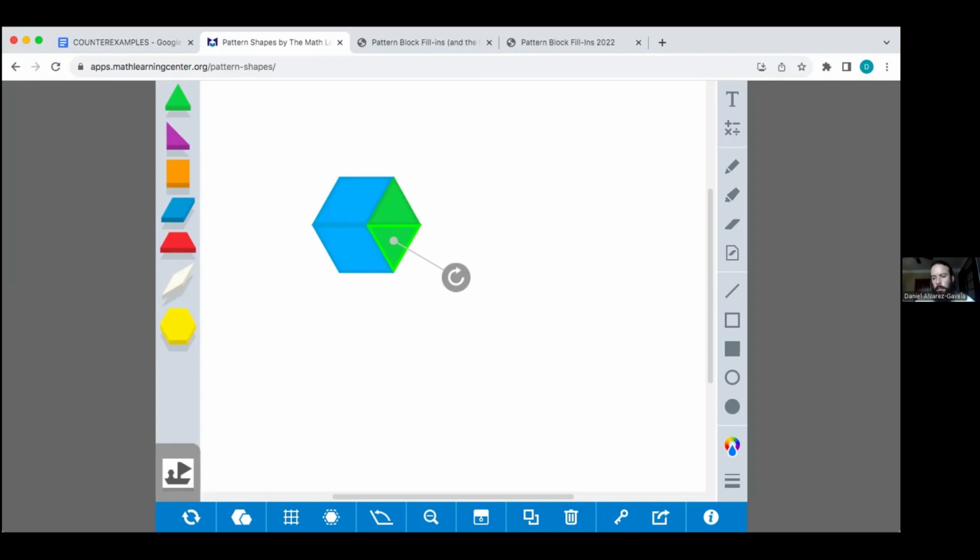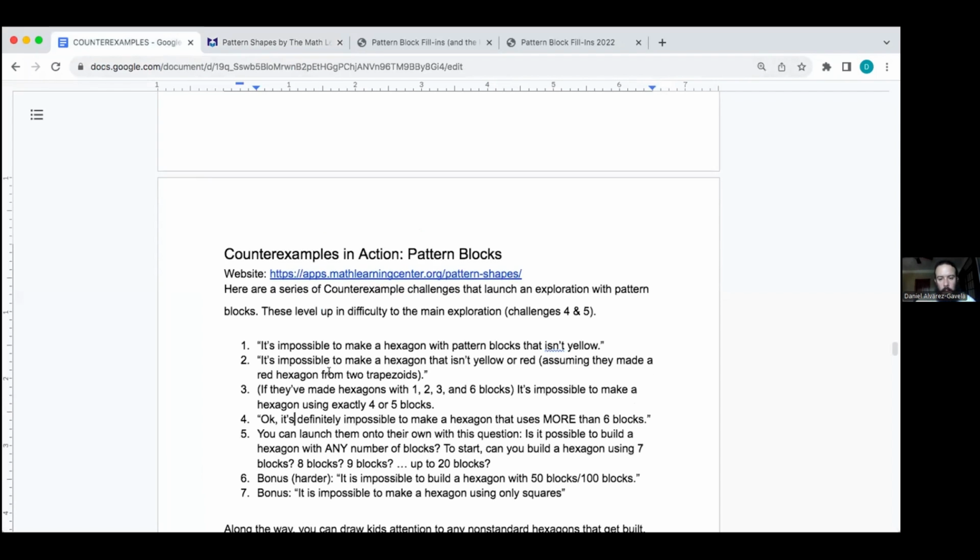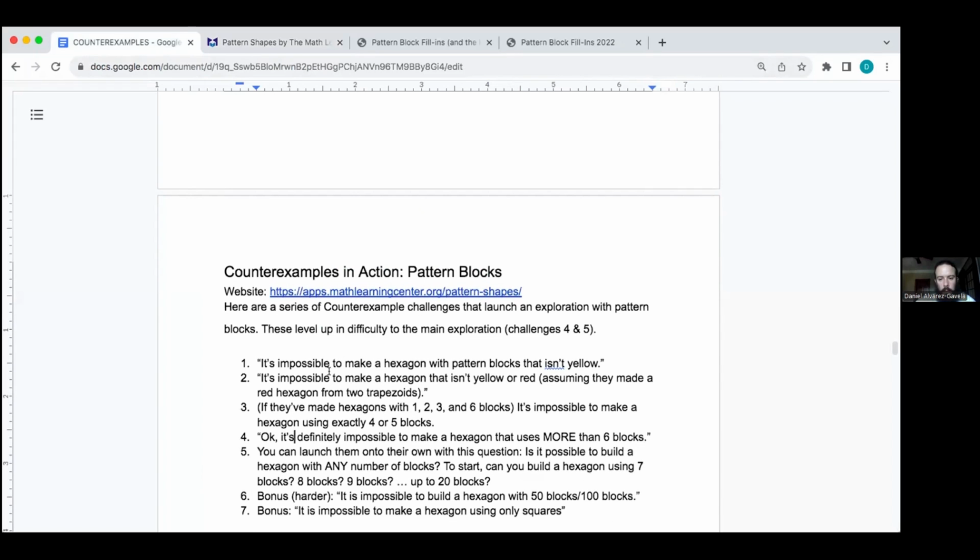And then the follow-up would be, you know, it is impossible to build a hexagon with 100 blocks.